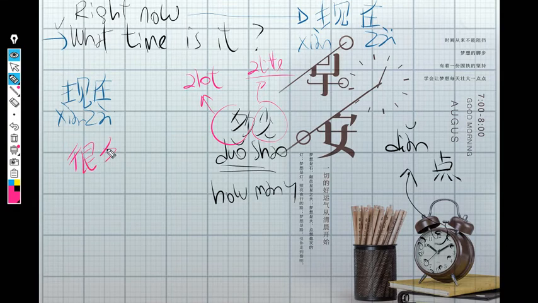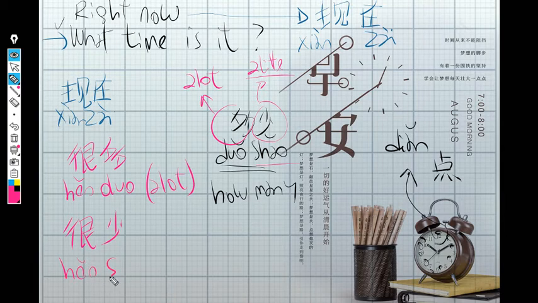Hen duo is just a lot, and hen shao is very little, right? In terms of quantity. But when they are together, duo shao means how much, or how many.